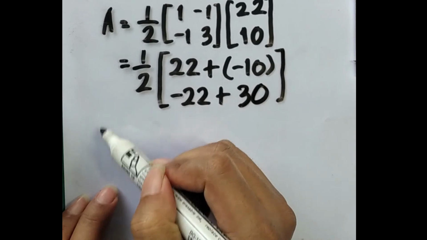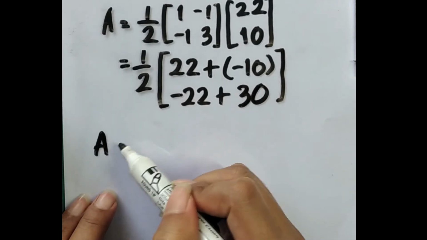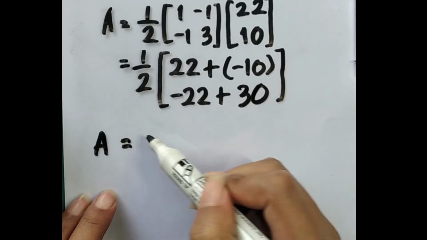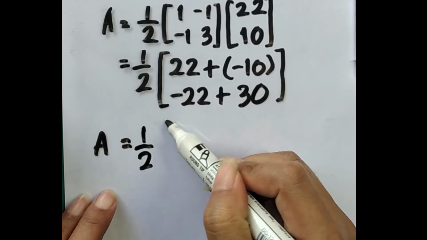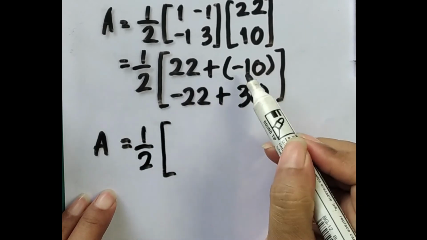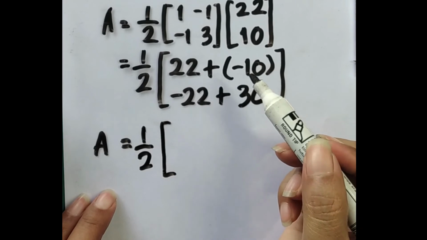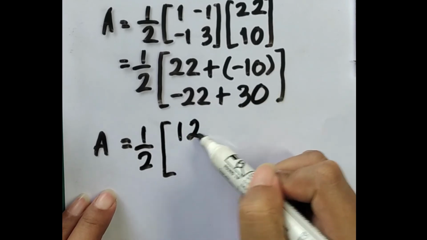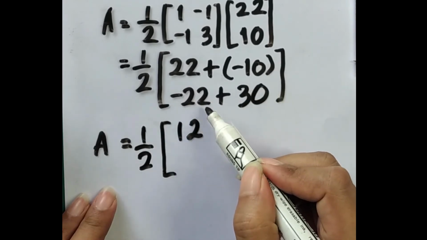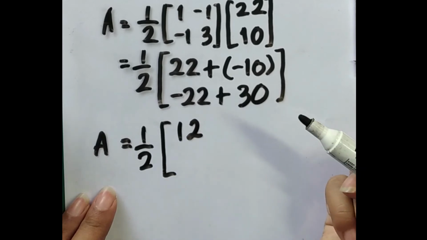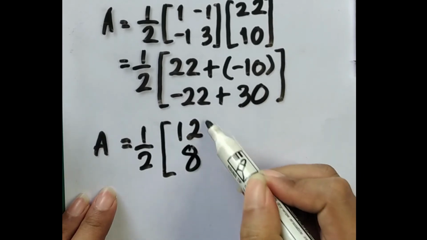So A equals a half multiplied by this matrix. 22 minus 10 equals 12. Negative 22 plus 30 equals 8.